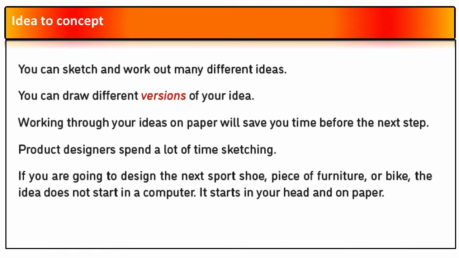The word versions just means that you can have different types of designs where you can choose the best one out of them. Versions could be the same as samples. I can have version 1, sample 1, version 2, sample 2. Same exact meaning.